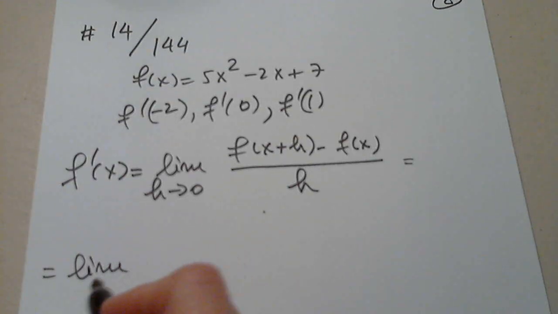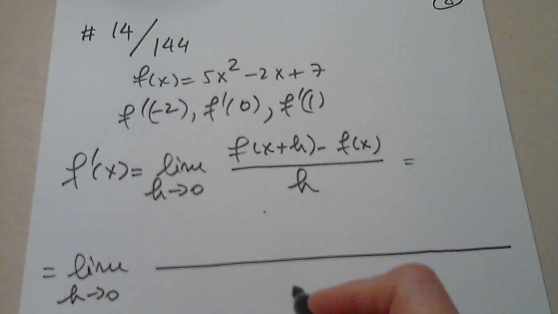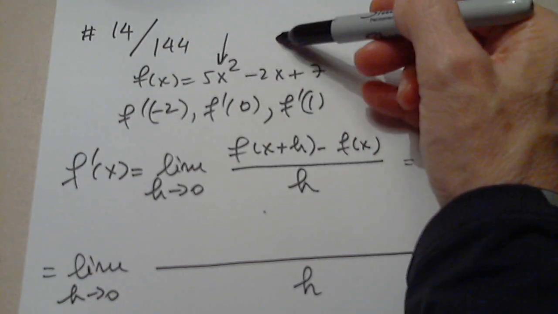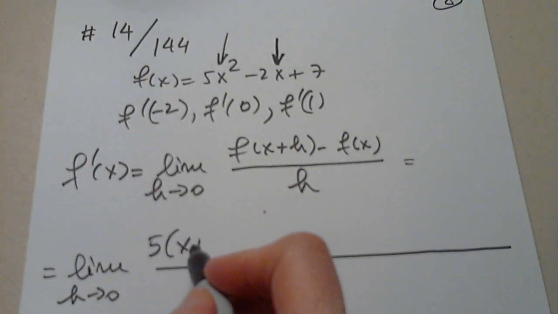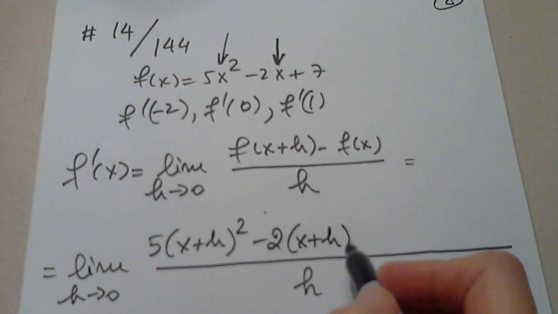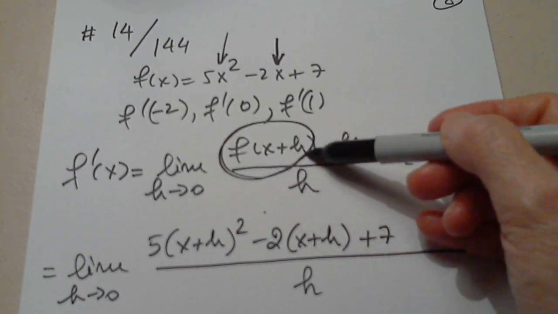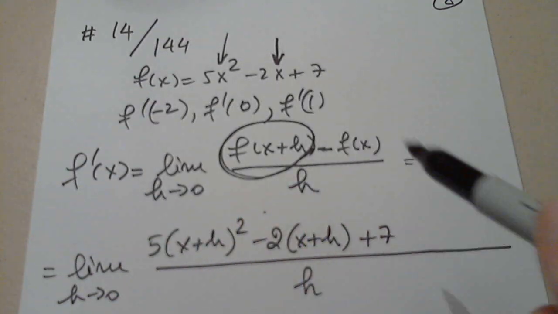So limit as h approaches 0. I have to plug in x plus h. 5 times x plus h, everything squared, minus 2 times x plus h plus 7. So this is done, so to speak. Minus in front of the function.